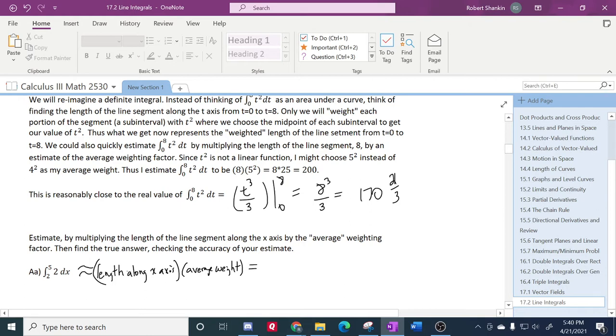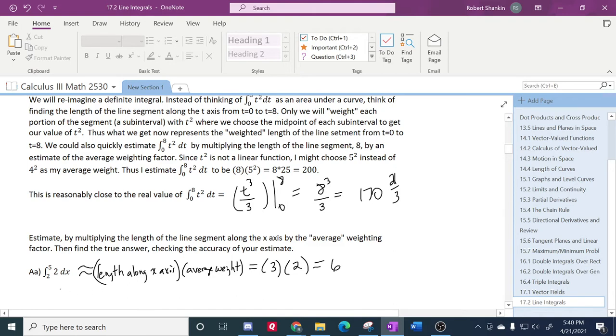The length is 5 minus 2, so it's 3, and the average weighting, well, the weighting is always 2. So this isn't just an estimate, this is the exact answer. Again, it's not the answer that we get, but how we're thinking of it, that's important.